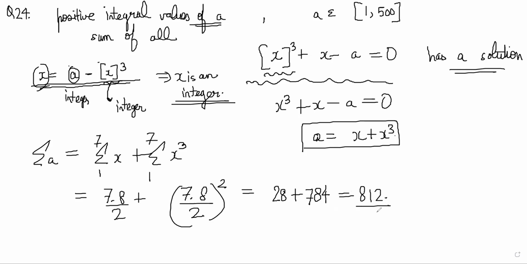Are you understanding? Yes, sir. Key trick is to realize that X is an integer. Because you can rearrange this equation, because you know that A has to be an integer, that's why X has to be an integer. And if X is an integer, then the equation is just simply X cube plus X minus A equal to 0.